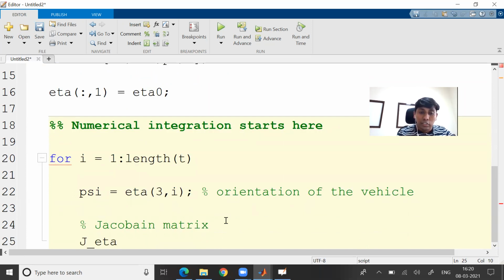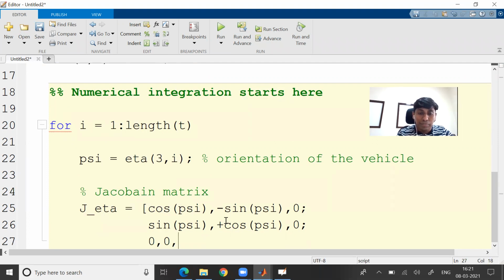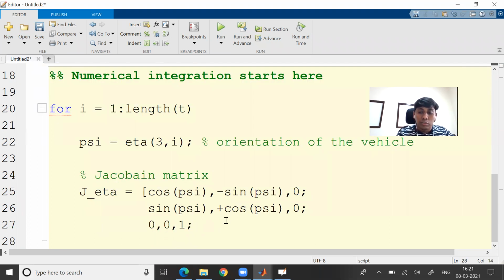So J of eta is cos psi, it's all in radians, then sin psi, then 0, then sin psi. To keep consistency, I'm writing plus in this way, nothing else. Now this is the Jacobian matrix.